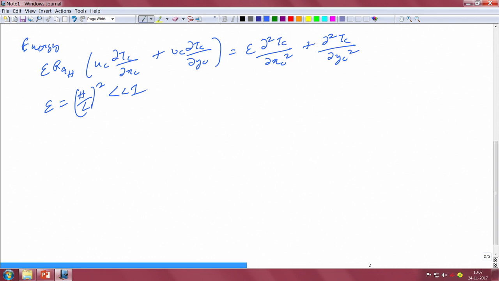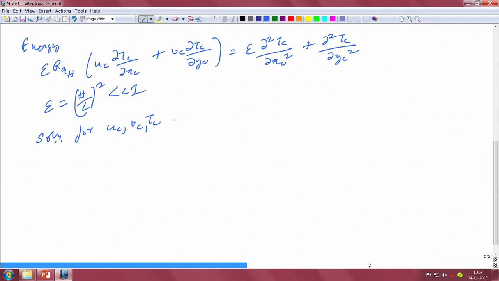So, till this point we did earlier also, right. Based on this, what will be the type of solution that we can expect? What people did was that epsilon is a small quantity, so the solution for u_c, v_c and T_c, these are the three variables.